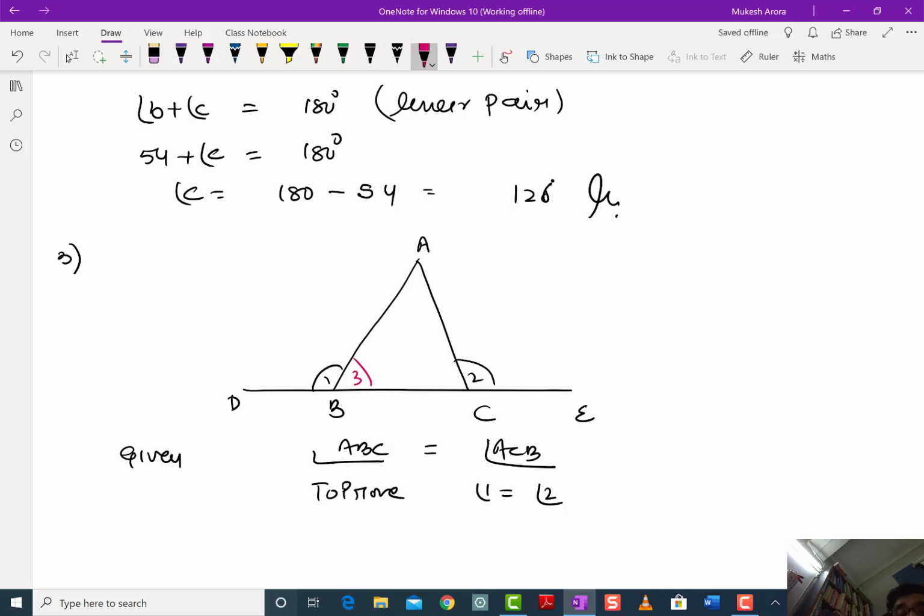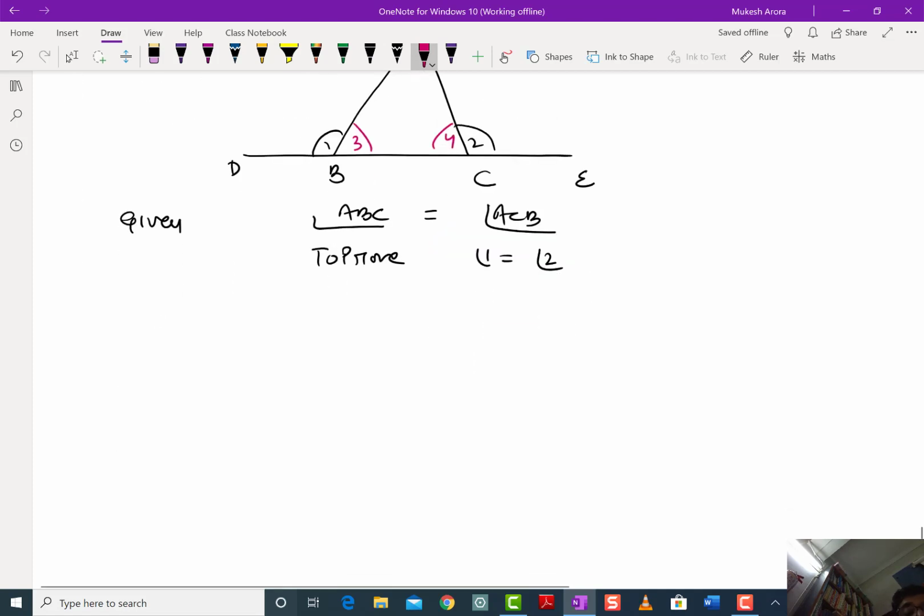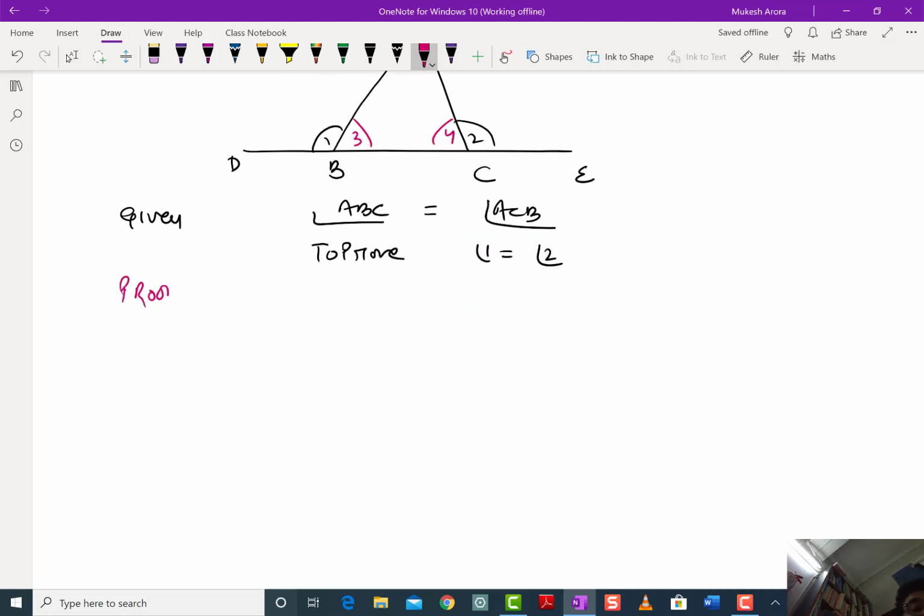We'll write angle 3 and angle 4. Proof: angle ABC is equal to angle ACB, that means angle 3 is equal to angle 4. That's given.